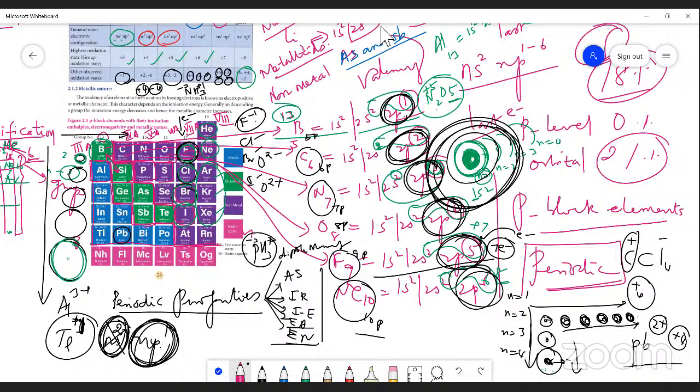Now, for example, take the carbon family. Carbon is unique: it has the ability to produce multiple bonds. In the nitrogen family, nitrogen is able to produce multiple bonds, the nitrogen triple bond.